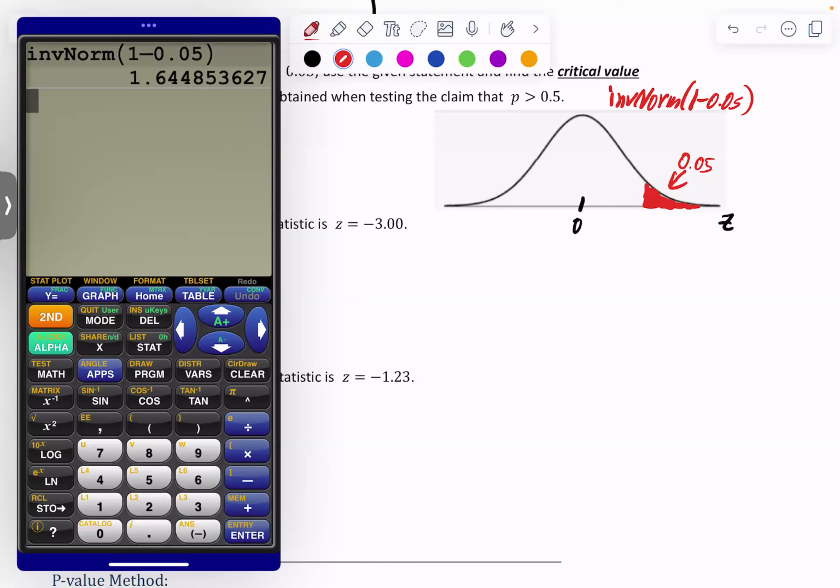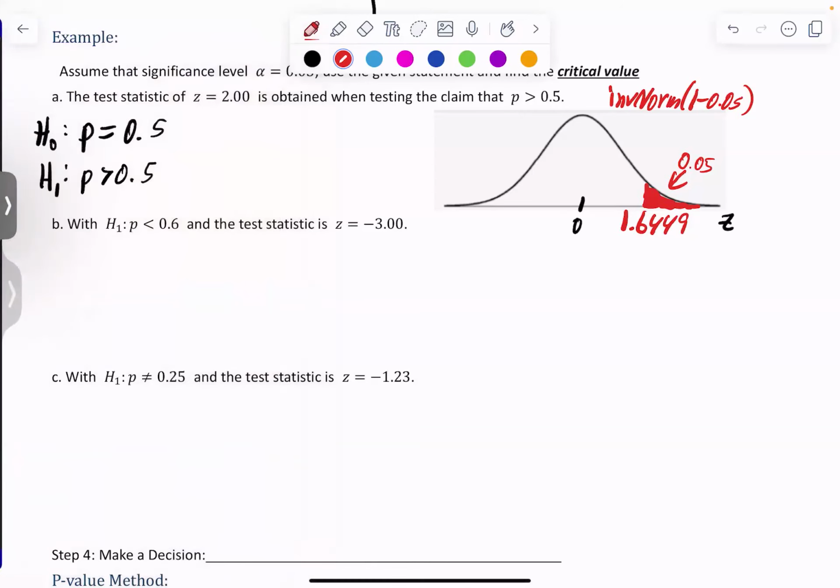So this is 1.6449. And they tell us that the test statistic in this case is at 2, which means we are over here. So this is at z equals 2. And you can see my test statistic is definitely in the rejection region. All right, let's keep going.